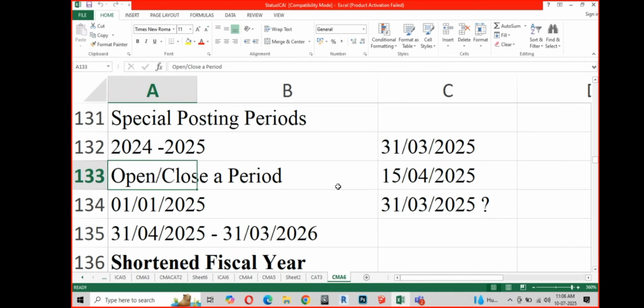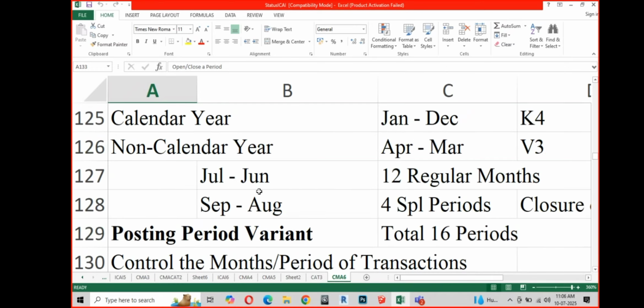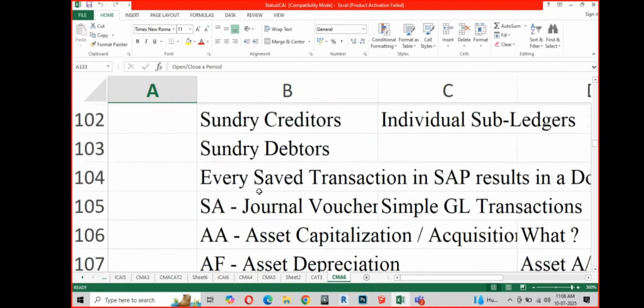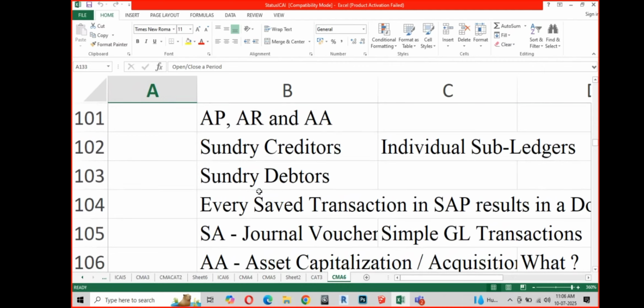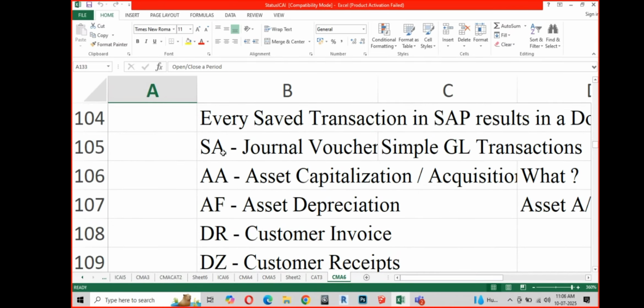So what are the document types? Basically, why are they required? Basically, they are required to classify what kind of a transaction we are generating or we are saving or we are carrying out in the SAP system. Right? So we have, can you see this? SA, AA, AF, DR, DZ.